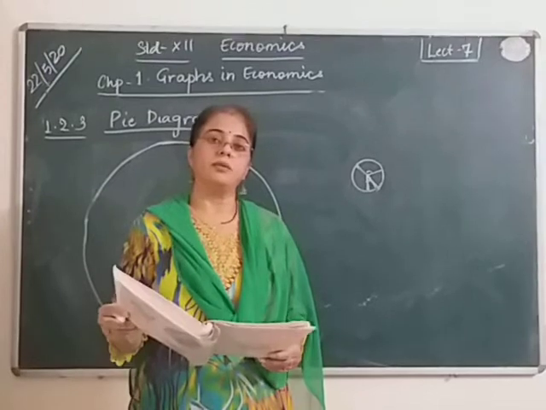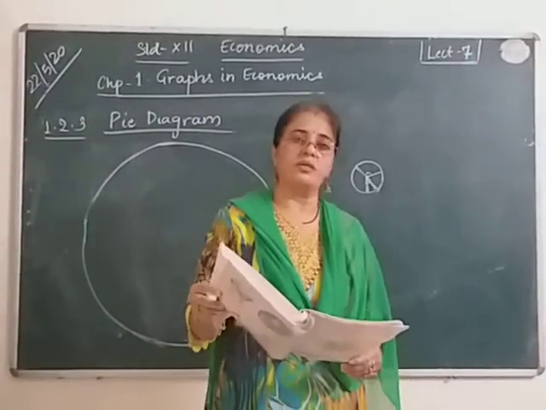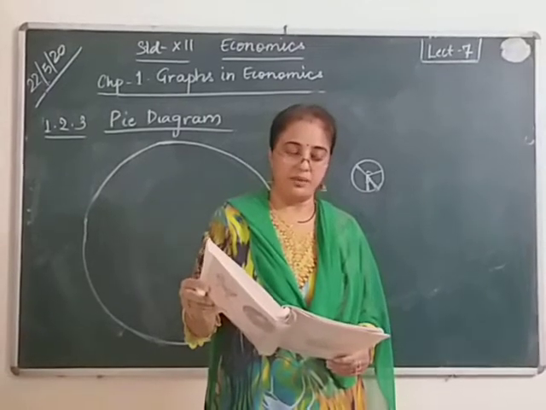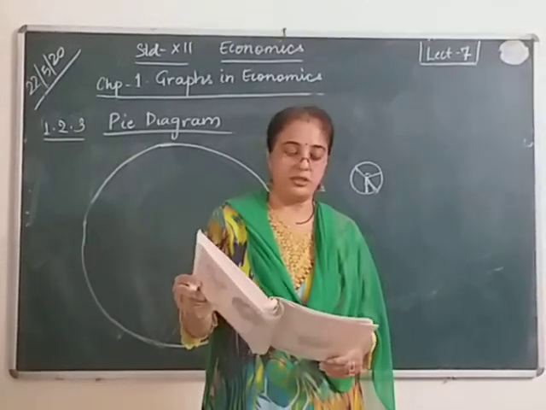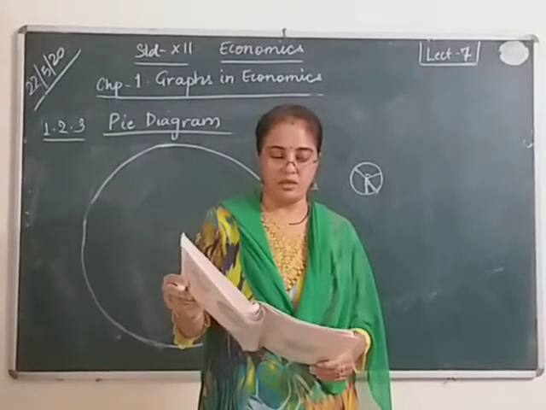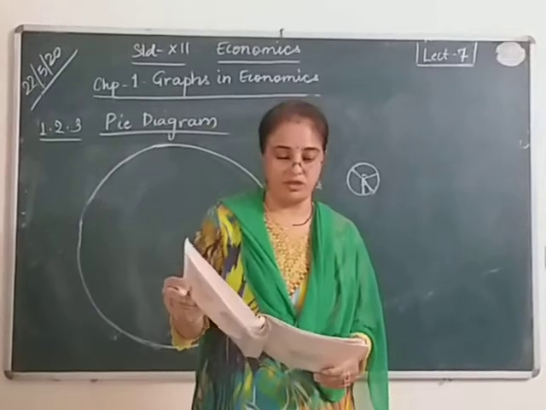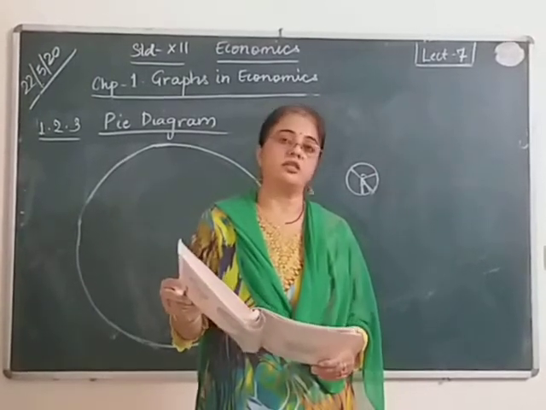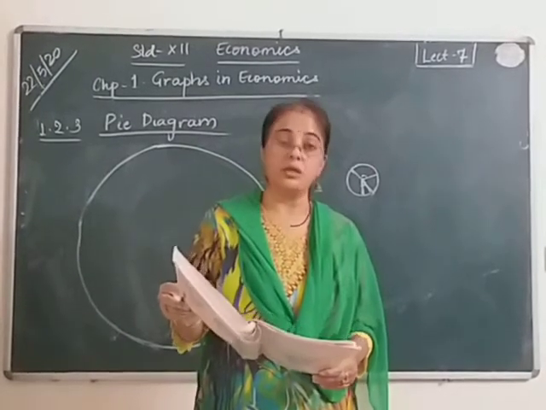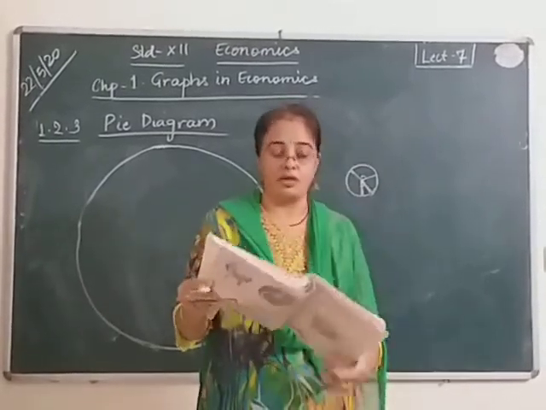Out of that pocket money he spends money on various things. He spends some money on books, on stationery, on phone, computer and other devices, on food, clothes. This is the total bifurcation. So 1, 2, 3, 4, 5 items he is spending his money on. So that 100 rupees is divided into 5 parts.